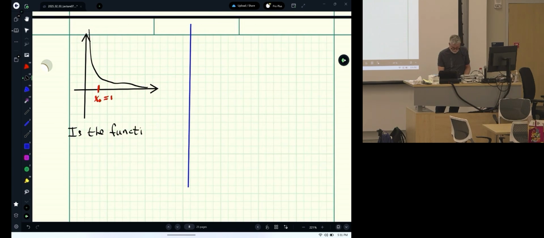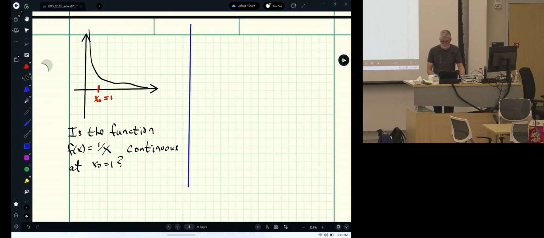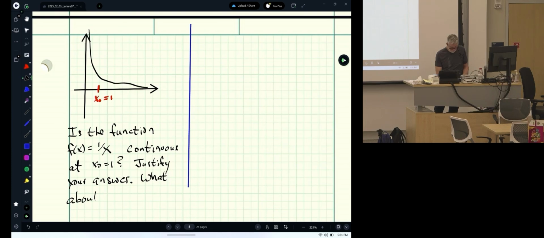So is the function f of x equals 1 over x continuous at x0 equals 1? Justify your answer. And then what about x0 equals 0? Ooh.